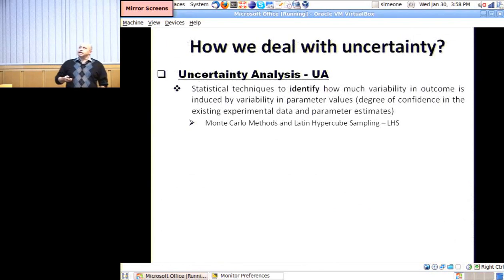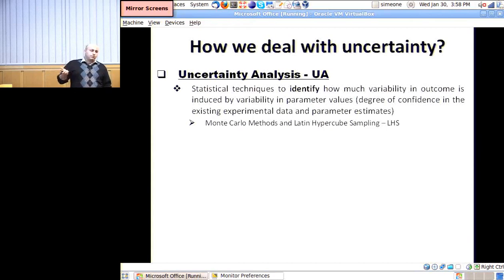But the models that I'm describing are fairly complex. They're large in size. They have a lot of parameters. Many of those parameters are unknown, or at least we are very uncertain on what the value is or should be. So how do we deal with that?